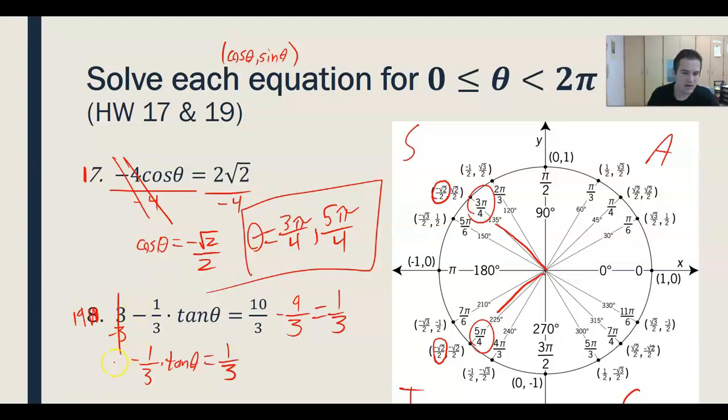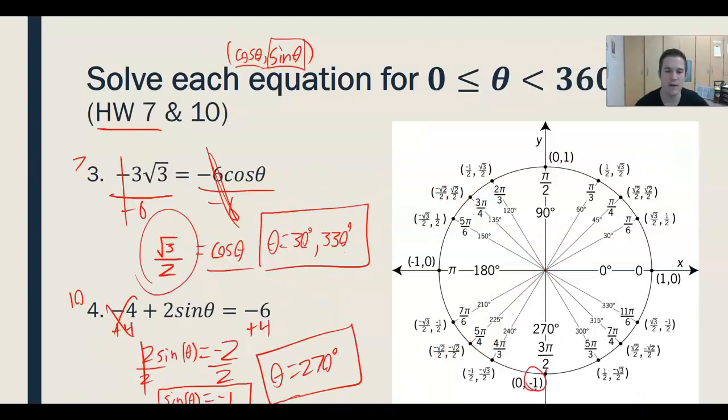If I multiply both sides by negative 3, negative 3 times negative 1/3 will cancel out, and I'll just be left with tangent of theta. On this side, 1/3 times negative 3 is just negative 1. So I'm trying to find where my tangent values are negative 1.